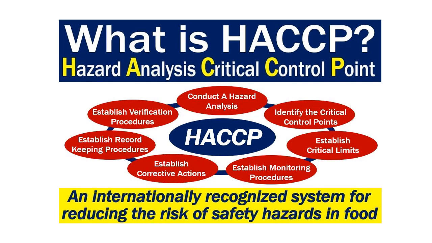We have discussed what is HACCP, what is its importance, what is its scope, how it is applied, and what are the advantages and objectives, etc. And most importantly, the 7 principles I have discussed one by one in a brief manner, and it is an internationally recognized system for reducing the risk of safety hazards in food. So altogether this is very important, and it is almost mandatory for all food processing for the purpose of export, etc.